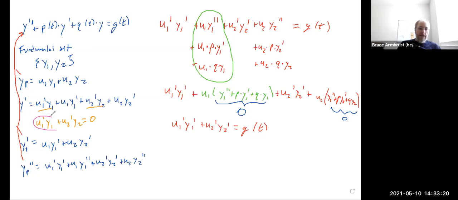So again, let me highlight the restriction. And then this restriction. And again, there's our system of equations. And we can rewrite it as a matrix.